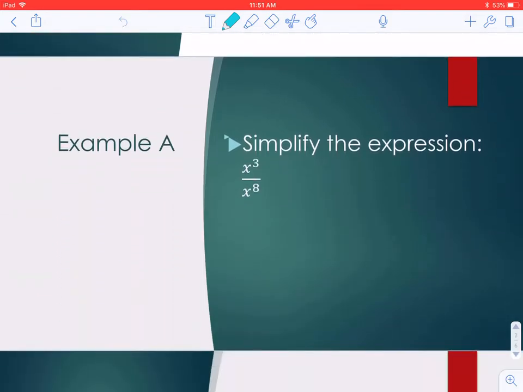Example A, we want to simplify the expression. I'm going to show you two different ways. First, I could expand it.